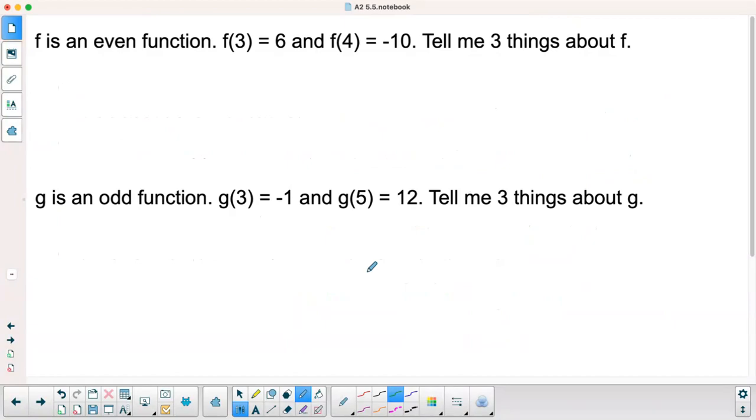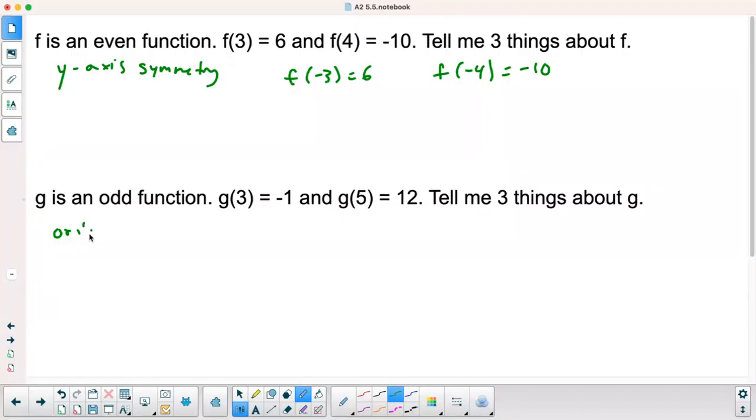All right, if f is an even function and f of 3 equals 6 and f of 4 equals -10, tell me 3 things about f. We already said this a bunch of times, but it has y-axis symmetry. And f of -3 will also equal 6. f of -4 will also equal -10.